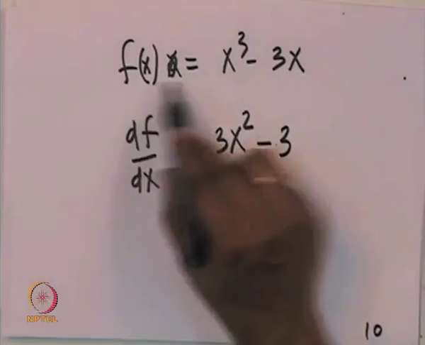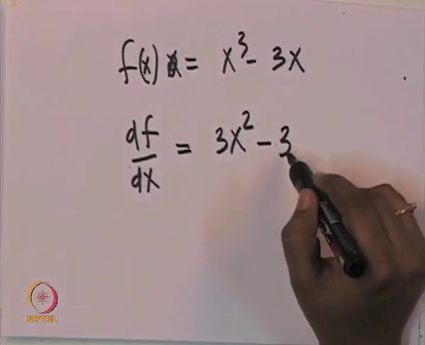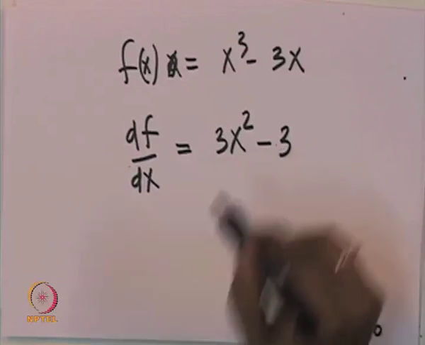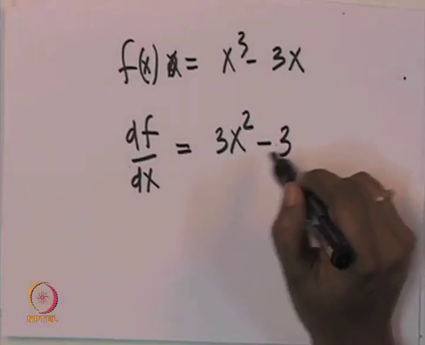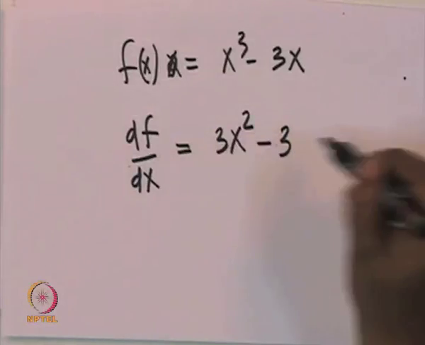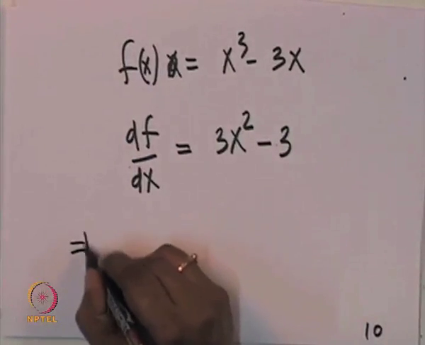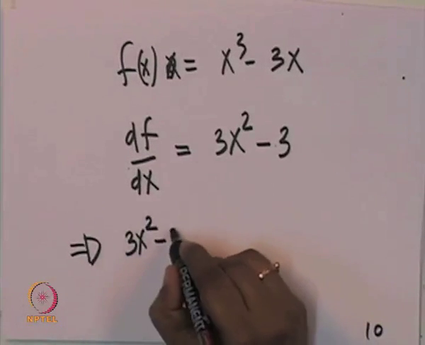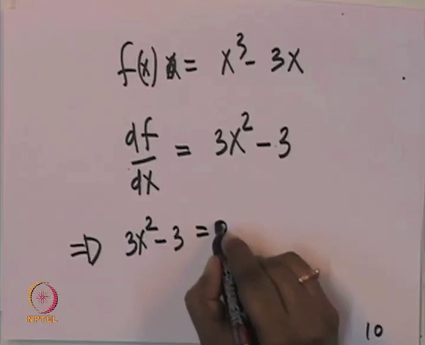So, the derivative of this function is 3 x square minus 3, and we want to find out where 3 x square minus 3 is equal to 0. The value of x at which this derivative is 0. We want to find out the values of x where 3 x square minus 3 is 0.